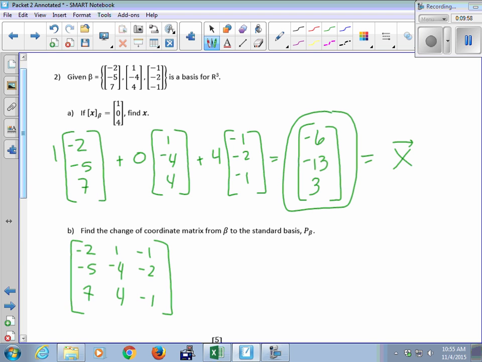And if you multiply that matrix by your vector of weights, 1, 0, 4, you would get -6, -13, 3. So we call this the change of coordinate matrix. This is P sub beta, the change of coordinate matrix.